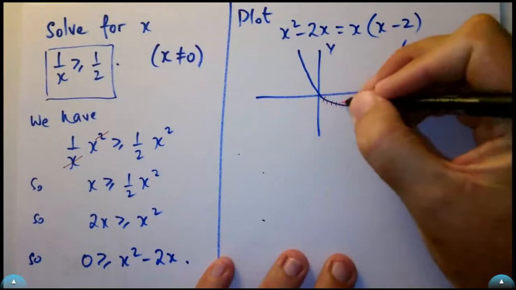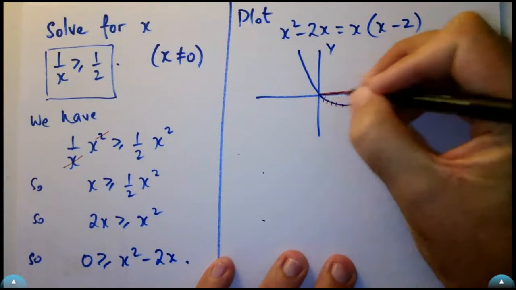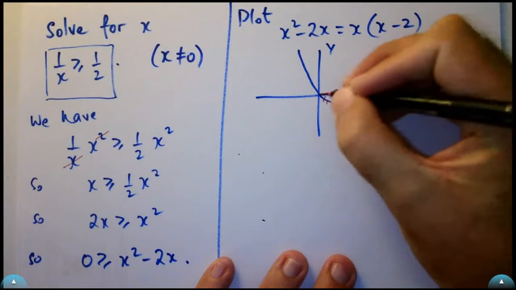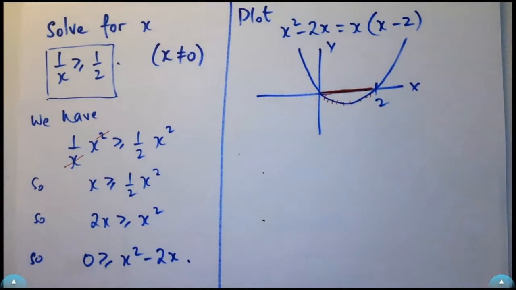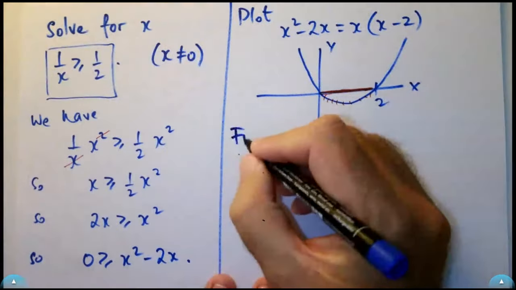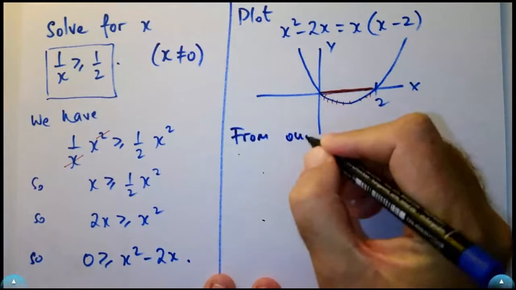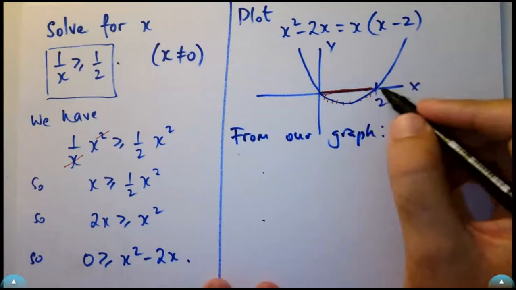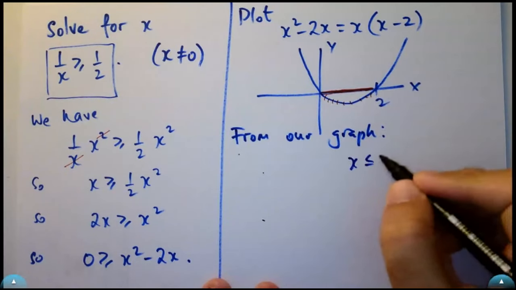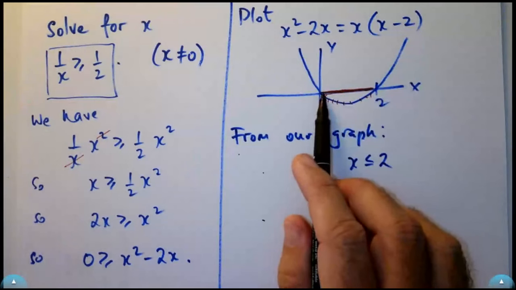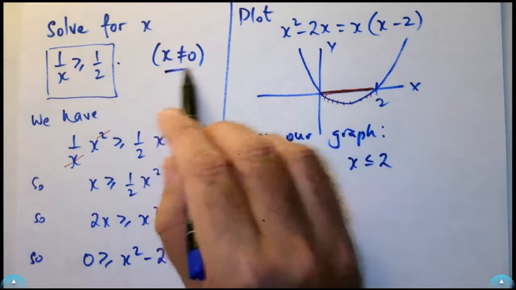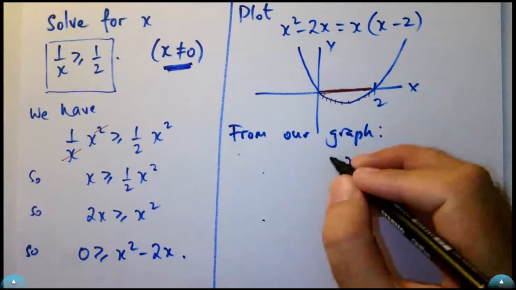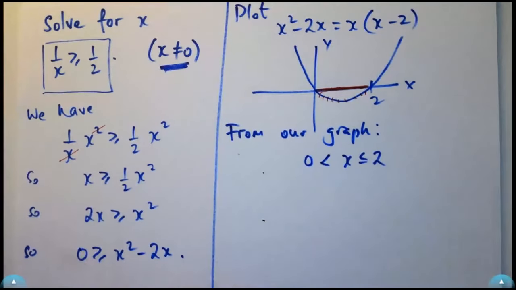So that's the part there, and these are the corresponding x values. Okay, so from our graph, we know that x is going to be less than or equal to 2, and x is going to be greater than or equal to 0, but x can't be 0. So there we go.